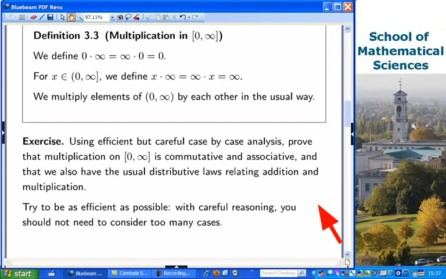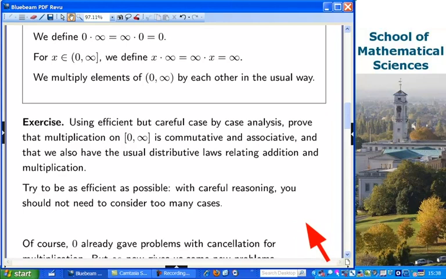Slightly easier then to restrict to the non-negative extended real numbers. Slightly fewer cases to deal with, but you can still do it as efficiently as possible if you're going to check this. Or you can just take my word for it, that the associative and distributive laws work for addition and multiplication in the non-negative extended real numbers.